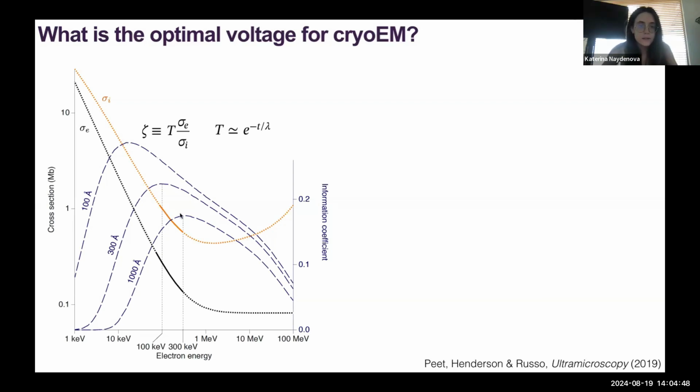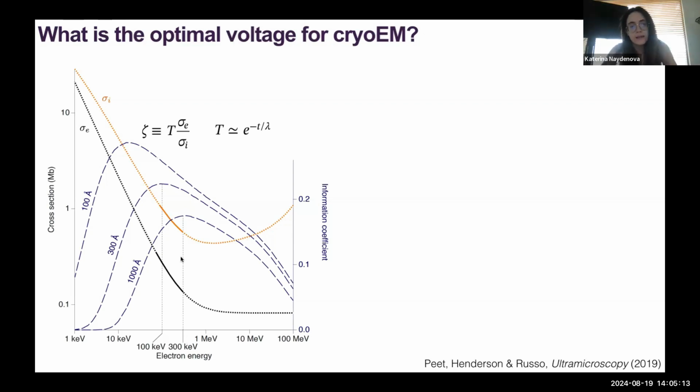This is way lower than the commonly used 300,000 electron volts. If we consider a rather thick specimen, which is about 1,000 angstroms or 100 nanometer, which would be realistic, for example, for a FIB milled section of a cell, actually the optimal voltage for the maximal information transmission turns out to be exactly 300 keV, which is what we mostly use.